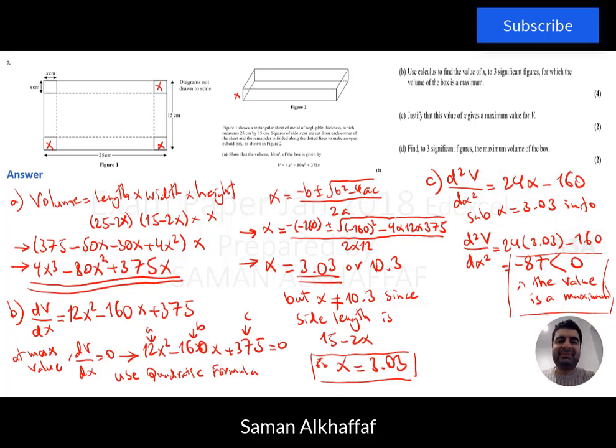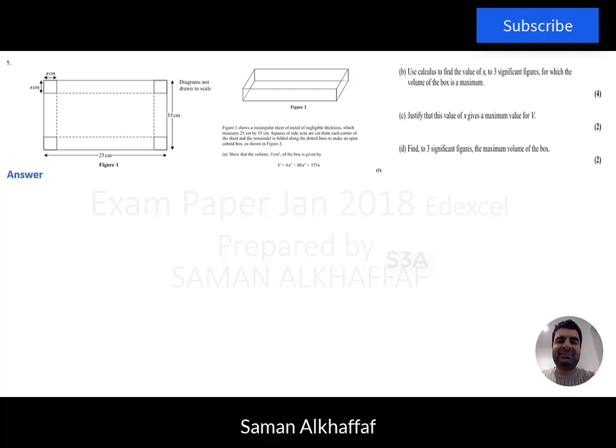Now we look at part D. In the previous part, we answered parts A, B, and C. Now we're looking at part D. We need to find to three significant figures the maximum volume of the box. Since we found the expression to be 4x cubed minus 80x squared plus 375x, and we found the value of x to be 3.03, we sub the value of x into the expression.